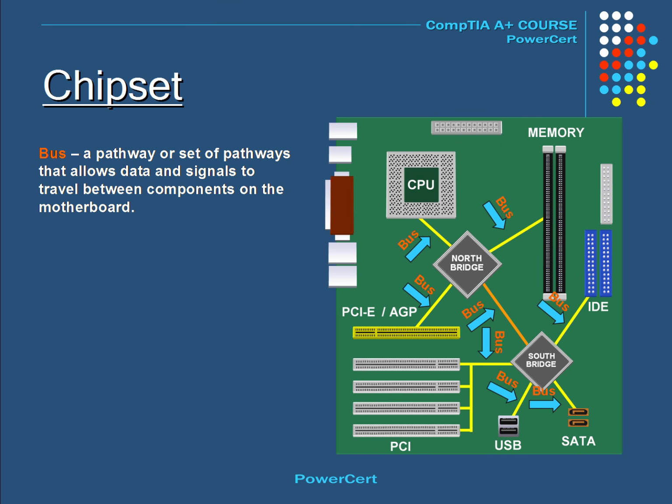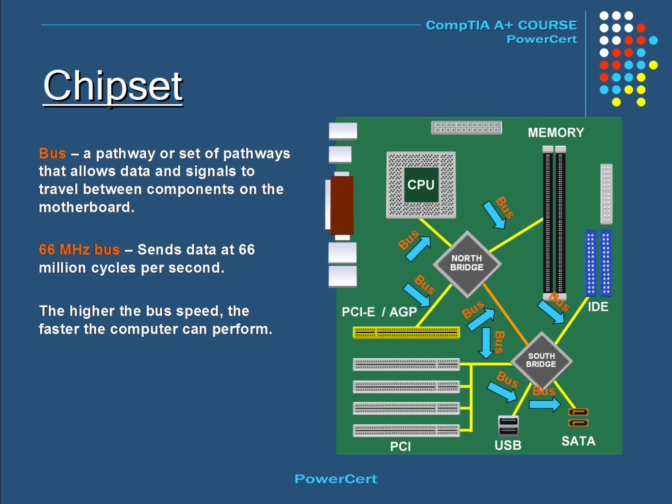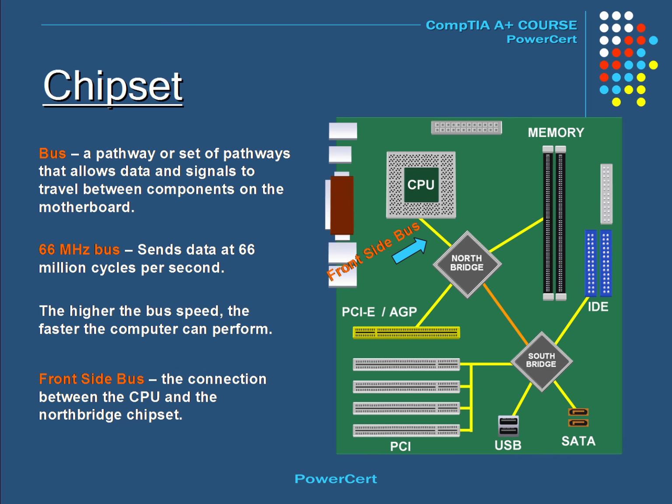So for example, if a bus speed is said to operate at 66 megahertz, then that means that that particular bus can send data at 66 million cycles per second. The higher the bus speed, the faster the computer can send data, which improves the performance of the computer. A motherboard's bus speed generally refers to the speed of the front side bus. The front side bus is the connection between the CPU and the North Bridge chipset.